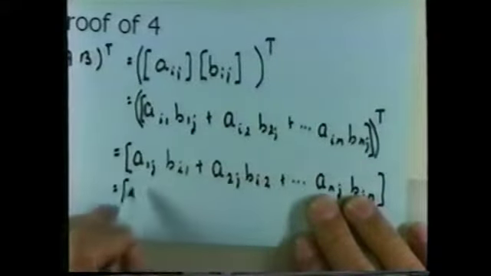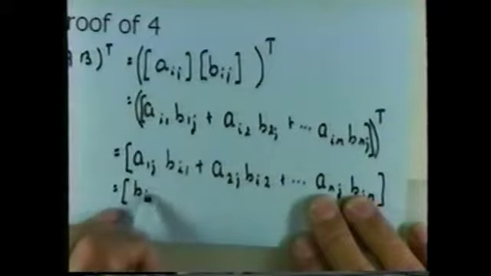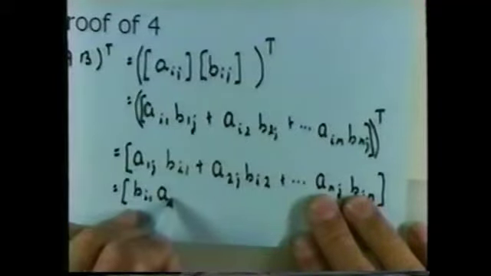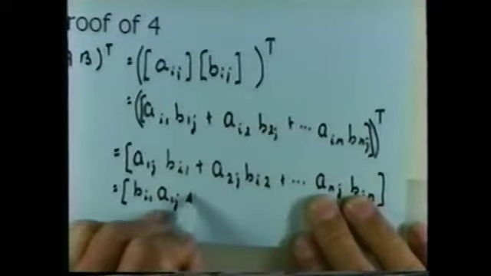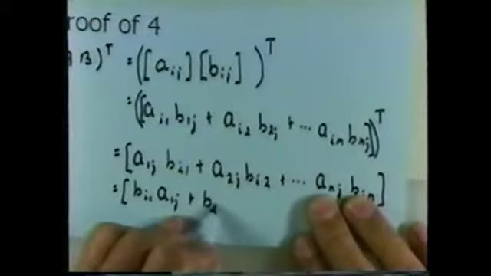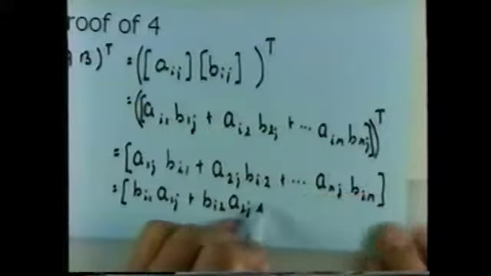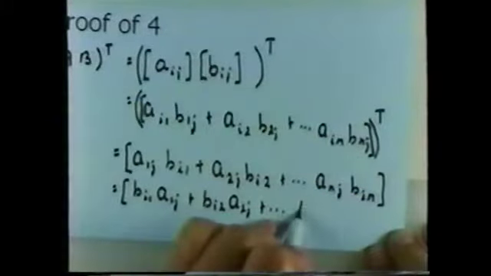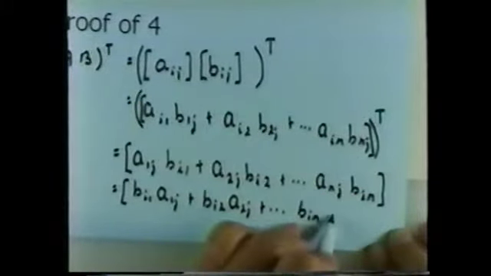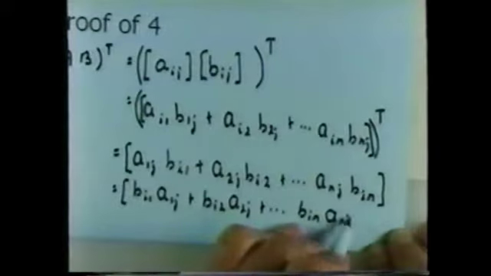Now these are real numbers, so this is going to be B i1 A 1j, plus B i2 A 2j, plus, B in A nj.